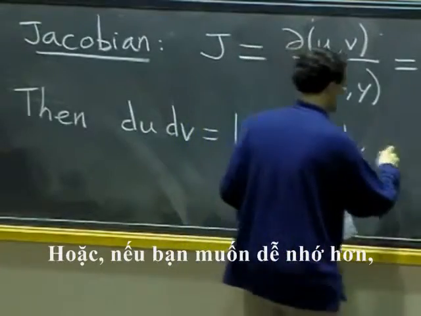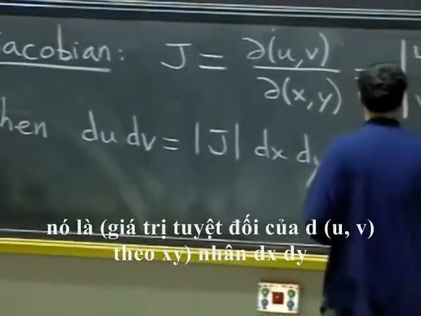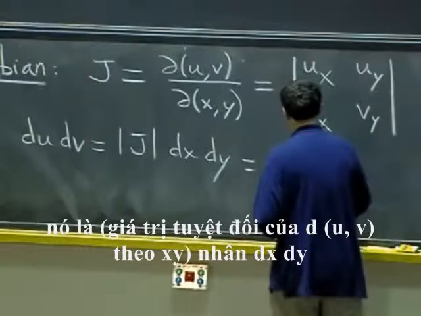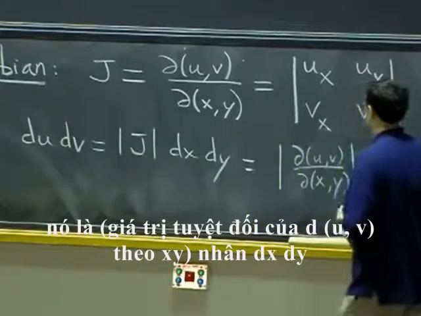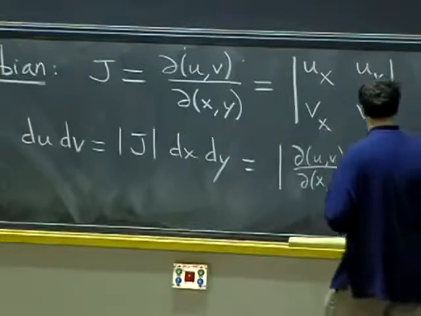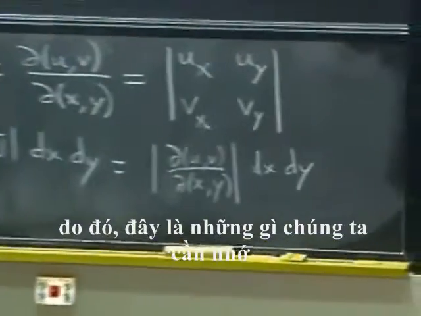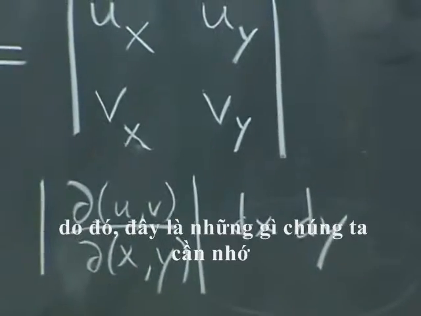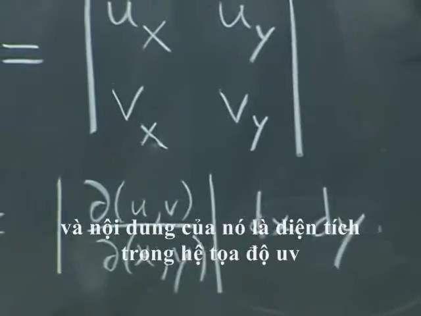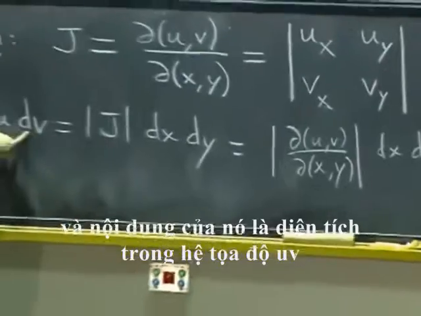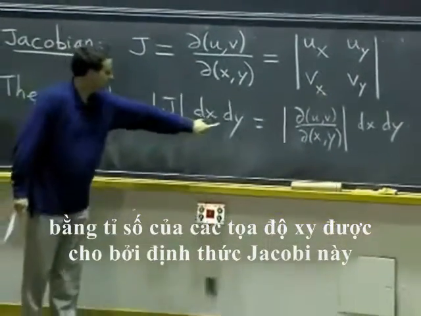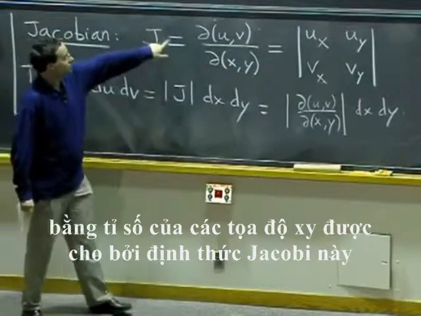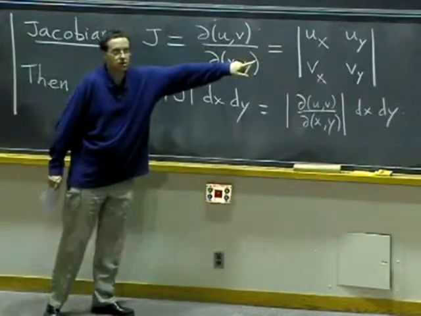Or if you prefer the easier to remember version, it's the absolute value of partial of uv over partial xy, times dx dy. This is what you need to remember, and it says that the ratio of the area in uv coordinates to the area in the xy coordinates is given by this Jacobian determinant.